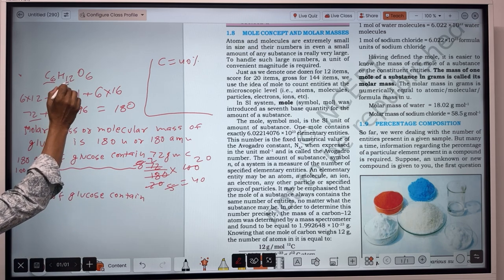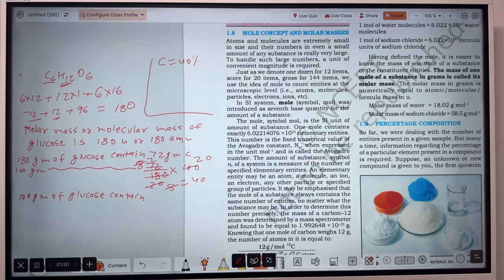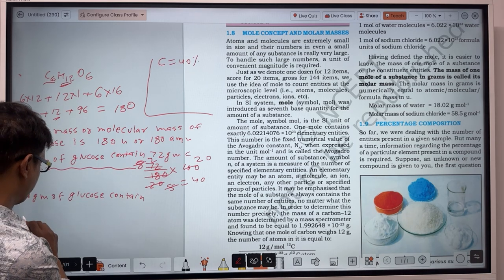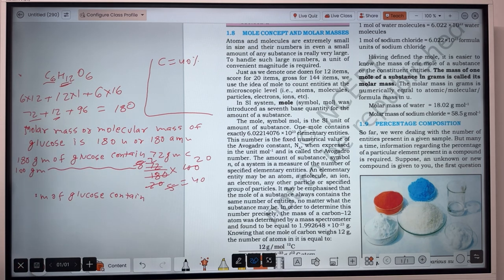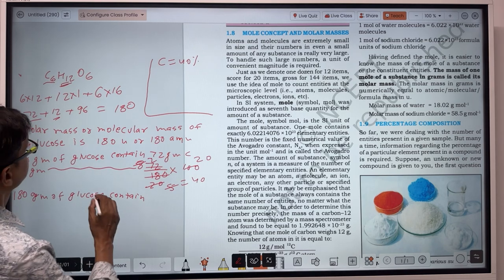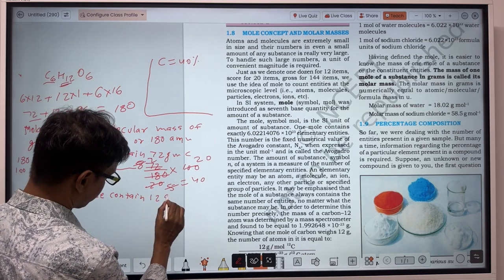Here 12 gram, because there are 12 hydrogen and the atomic mass of hydrogen is 1. So 12 into 1, that means 12. So 180 gram of glucose contains 12 gram hydrogen.